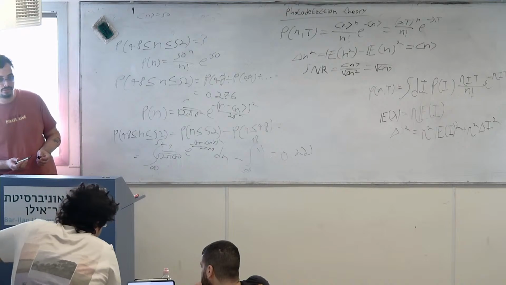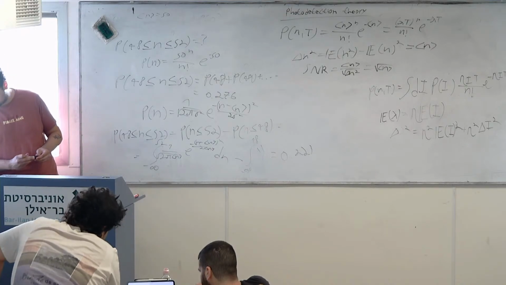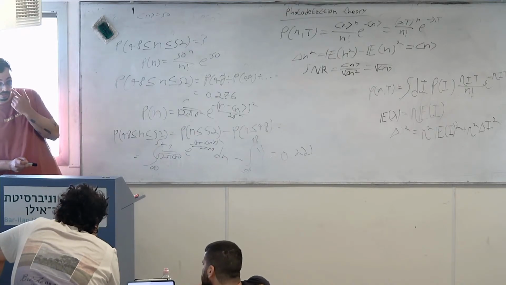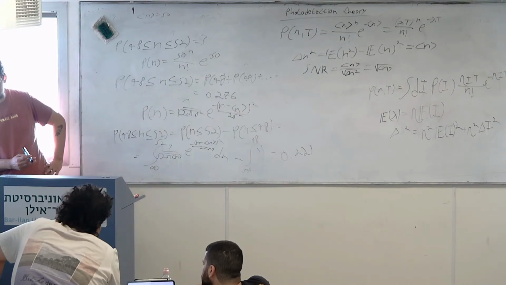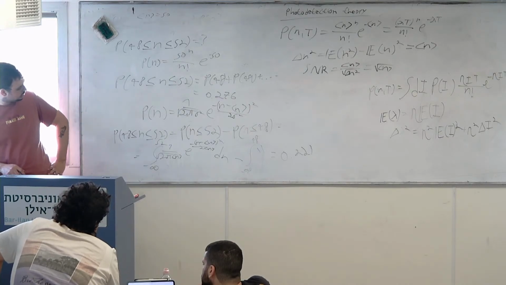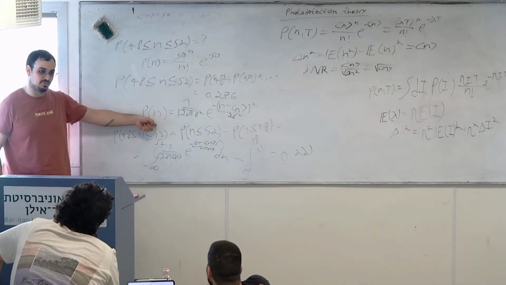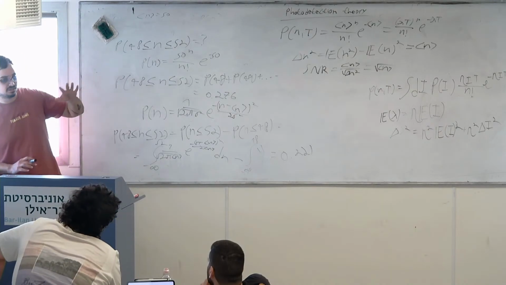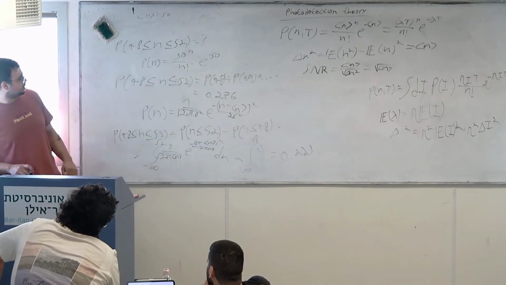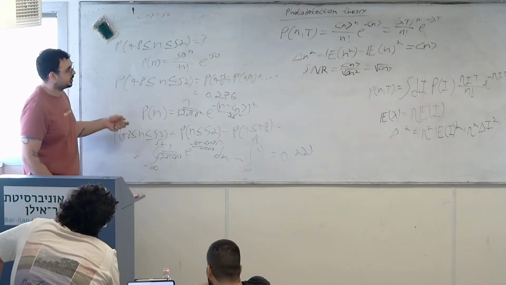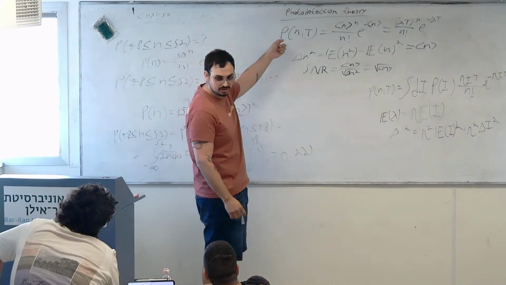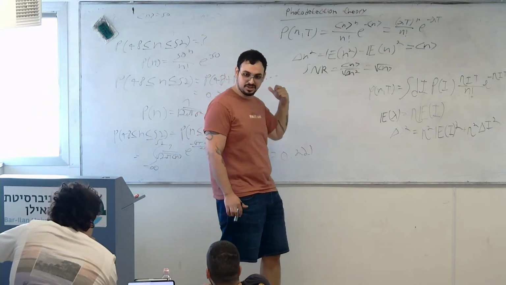What happened? What did we do wrong? Any of you have any guess why it did not agree? We didn't do anything crazy. This is a general Gaussian distribution. The Gaussian distribution is definitely the continuous variation of the Poissonian distribution. The Poissonian is discrete, the Gaussian is continuous.